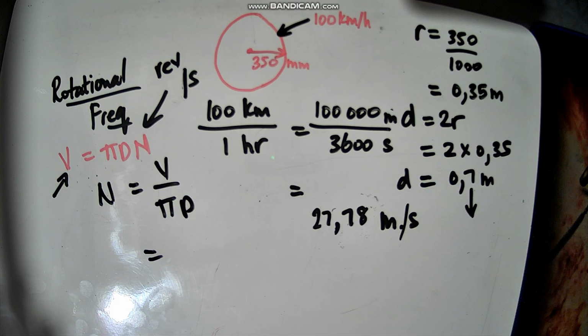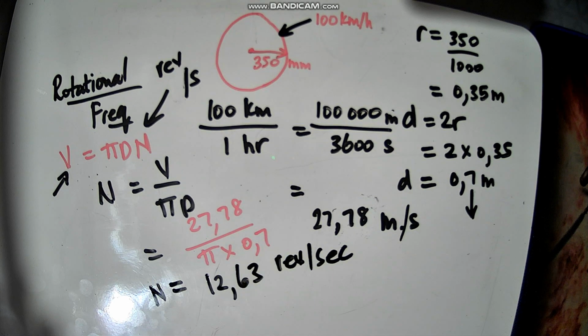Then substitute: the v is 27.78 in the numerator, pi, and what was your diameter? 0.7. Plug all that into your calculator. So your rotational frequency will be 12.63 revs per second. Remember that rotational frequency must be in revs per second. If it was in revs per minute, you'd have to do a conversion to bring it to per second.